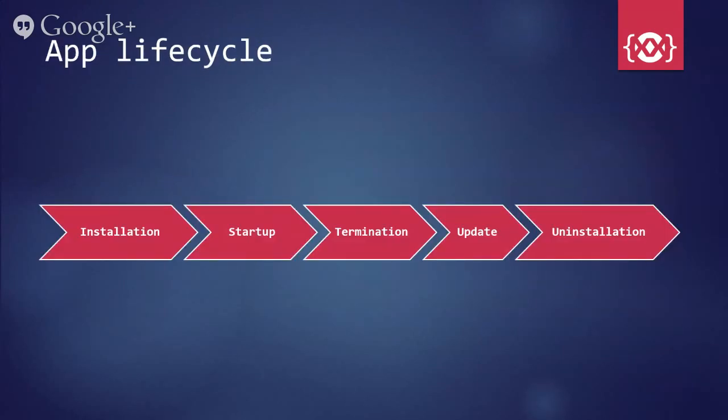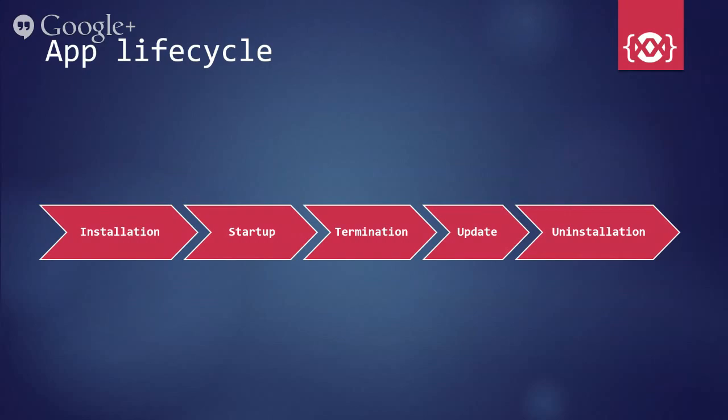Let's quickly talk about the application lifecycle. So any packaged application in Chrome goes through 5 stages. The initial one being the installation phase, where you download it, you install. Then when you open up, it goes through a startup phase. And when you decide you want to close it, it goes through a transition phase.